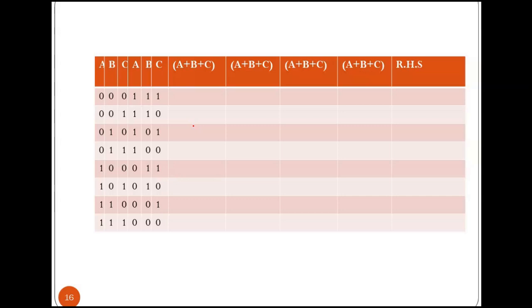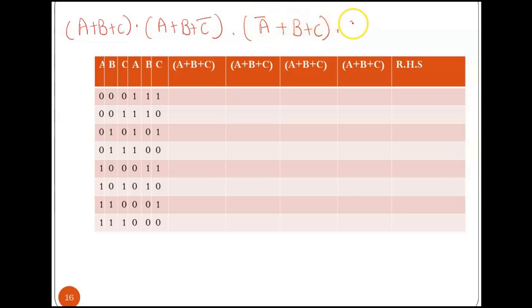The right hand side part of the same question is A plus B plus C dot A plus B plus C bar dot A bar plus B plus C dot A bar plus B bar plus C. Now you can check we have A, B, C, all three are there, but bars are also required for A, B and C. So these three values are the bars which I already filled.